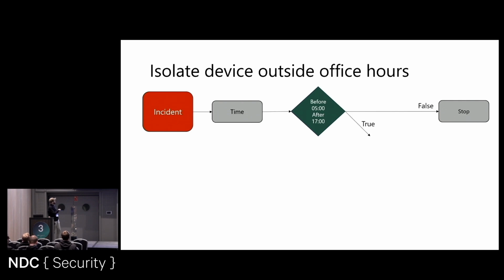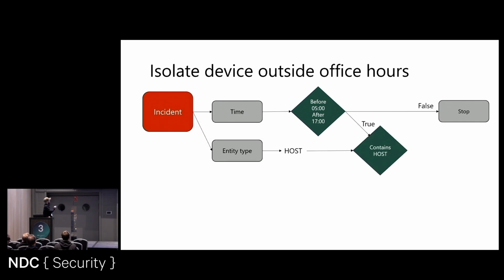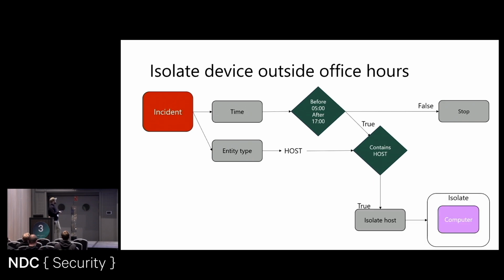But if it's true that it's outside office hours, we can check if the entity contains a host, and we also want to check that the incident has a certain severity. We don't want to isolate on an informational alert, like this host has turned on, and then you start to isolate everything. But we can then have flows that automatically isolate the computer and add it as a comment as well.